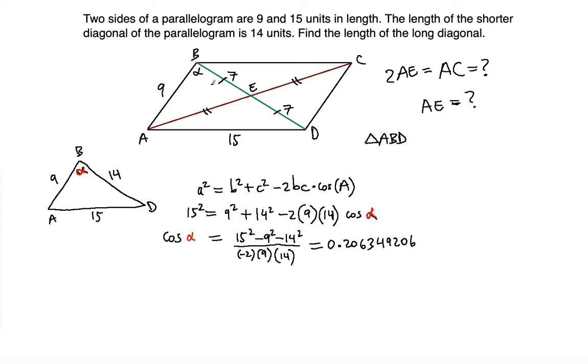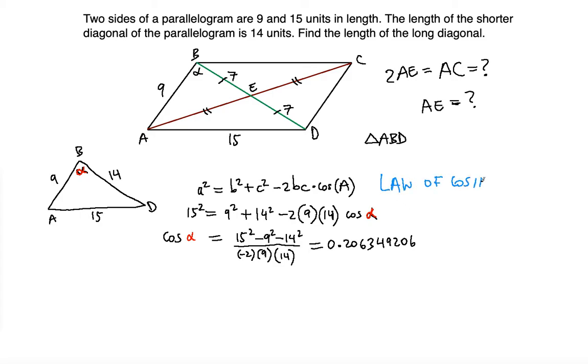I don't need to find it because we need the cosine of alpha in order to find the missing side AE. You would be going back and forth otherwise.